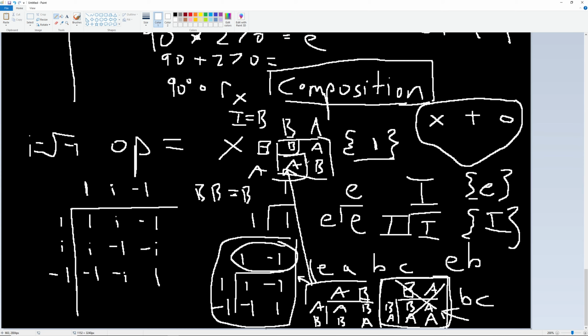The identity is B. And we see that A composed with A is B. So A is its own inverse. And it works both ways, whether you talk about it from the left or from the right. That situation is sort of commutative. So every element of this group has an inverse, and there's an identity element.